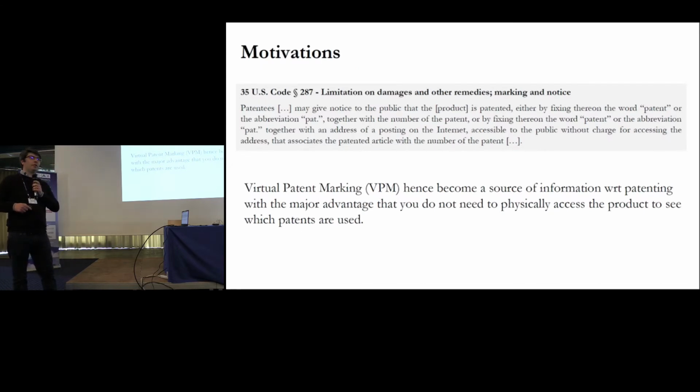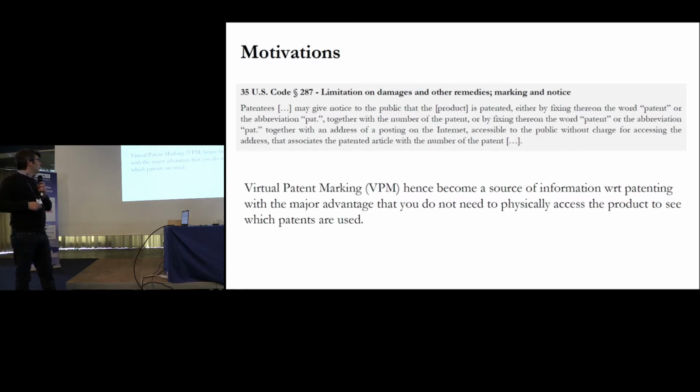The motivation for this work was a law passed in the US that stated that to protect patented products, you didn't have to put anymore the keyword patent or pat plus the number, but now you have the opportunity to protect the product just by putting the keyword patent plus an internet link with further information on the patents that apply to that product.